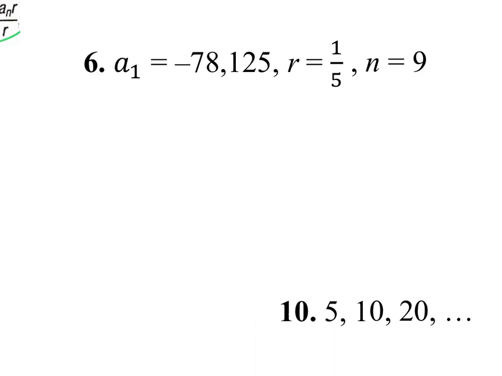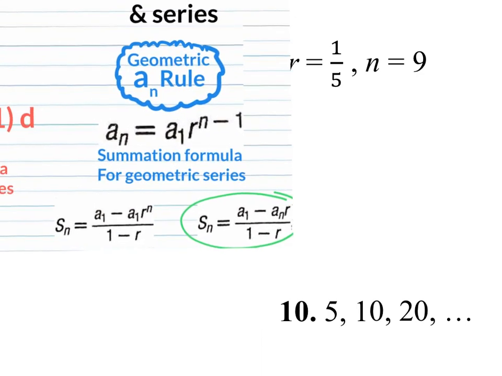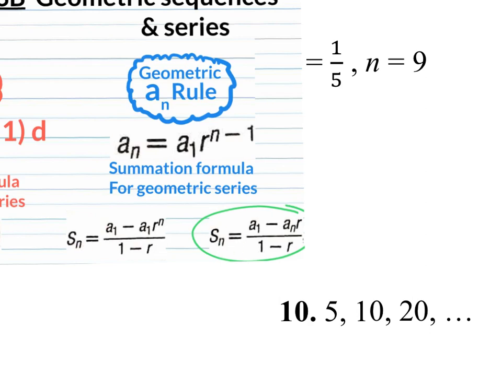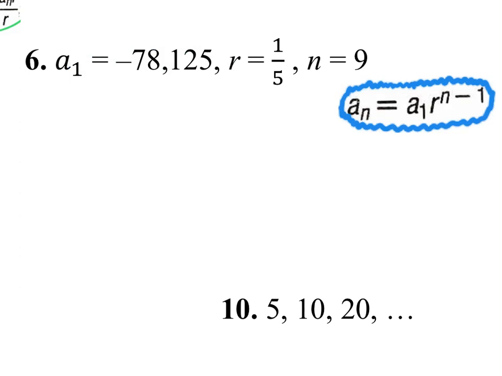Okay, so again, we want the a sub nth rule. We're not talking about the summations, we're talking about the a sub nth rule. So let's jot down that a sub nth rule. They give us the a sub 1 term, which goes right here. They give us the r, which is 1/5, which goes right here. And they give us the n, which is 9, which goes right here.